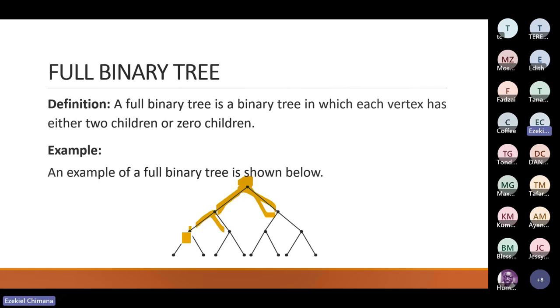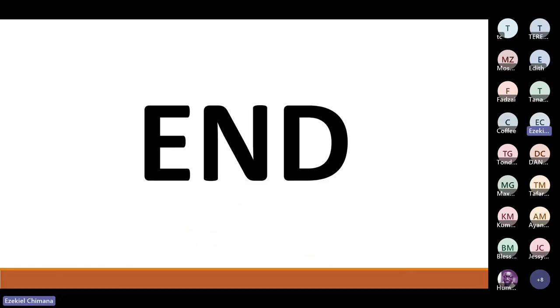Here, the left and the right. Here, the left and the right. Except for these leaves only. So that's the full binary tree.